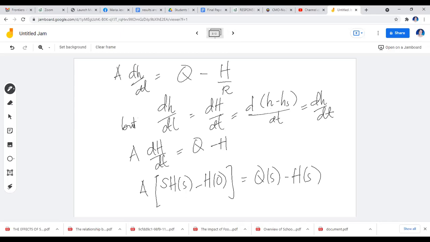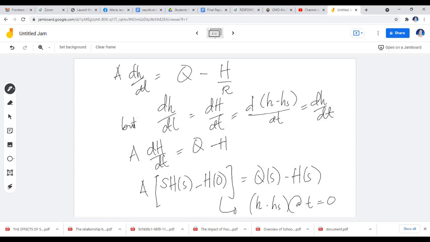Now this capital H actually could be interpreted as H minus HS at time equal to 0. So at the starting point in which your disturbance occurred, we don't have a system that automatically feels the disturbance or registers the corresponding change in the variable when the input has already changed.